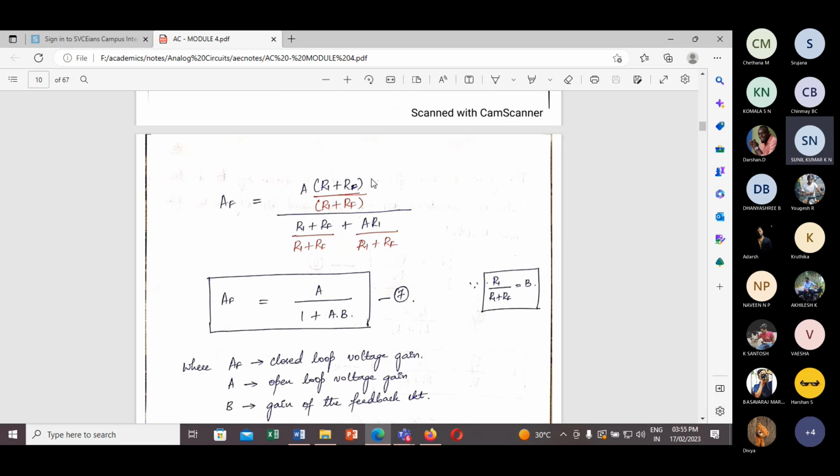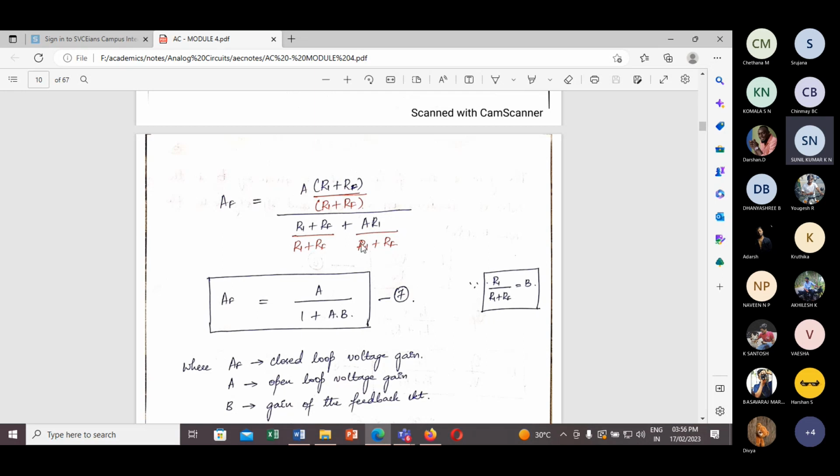If I take the numerator as well as the denominator and divide by R1 plus RF, the R1 plus RF in the numerator and denominator remains the same, so here the entire thing I can make it as 1, and here I can write A into R1 divided by R1 plus RF.